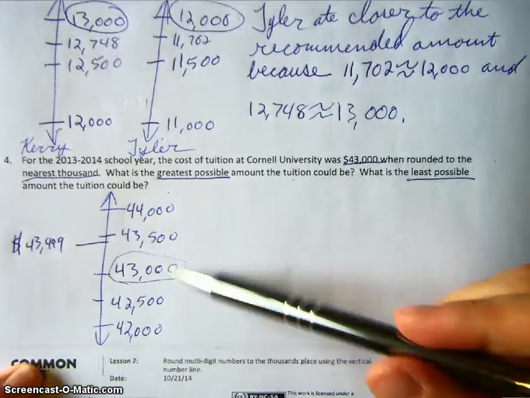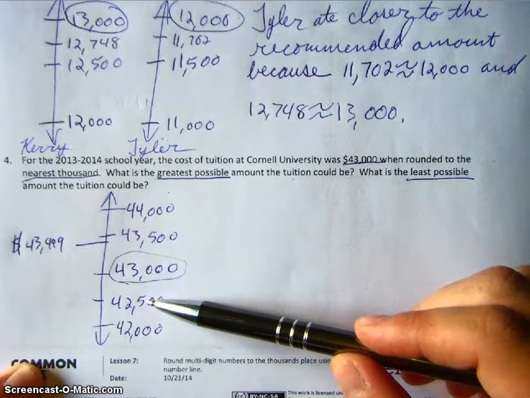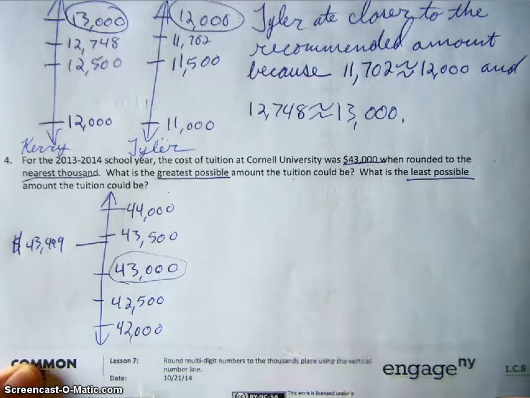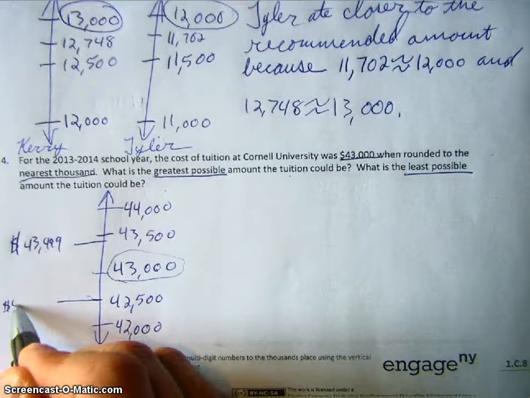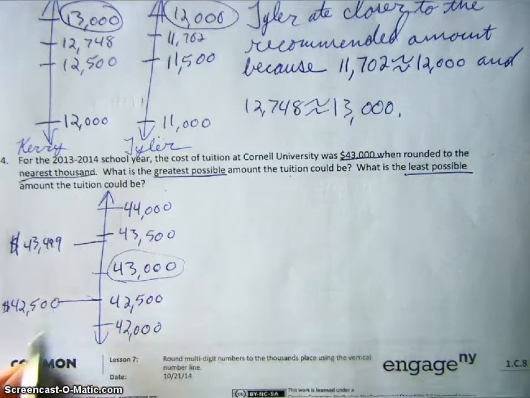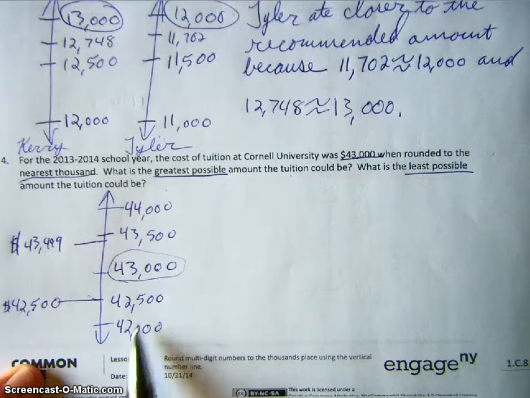Now again, the lowest amount, we start going below that 43,000. Lowest we can go is this point right here, 42,500. Okay, because that 5 tells us to round up. Once we go below that line, then we would end up rounding to 42,000.